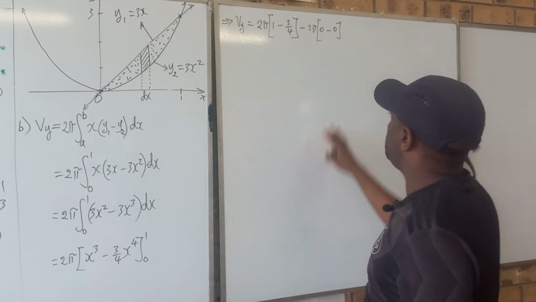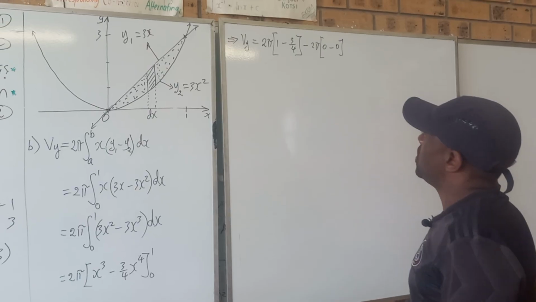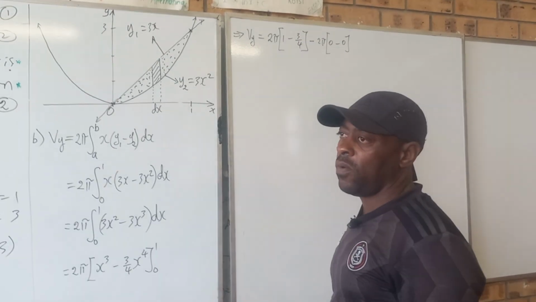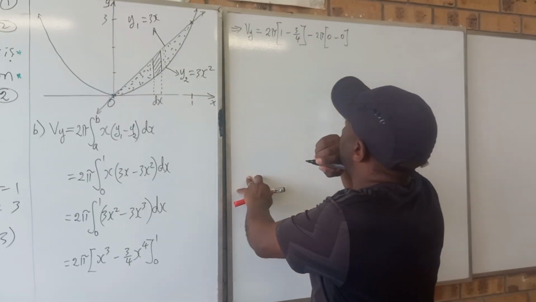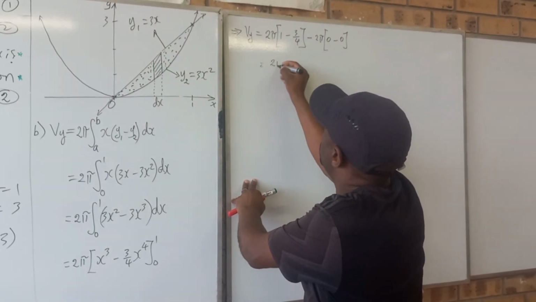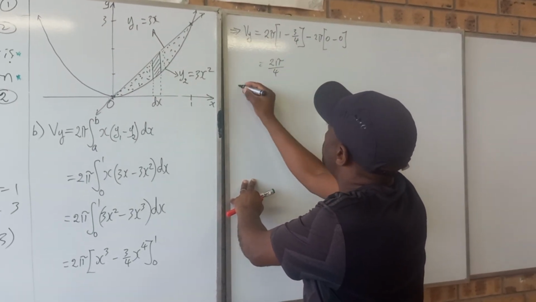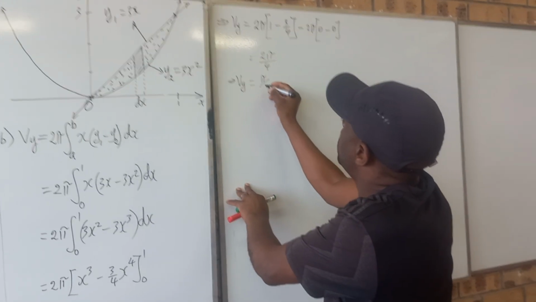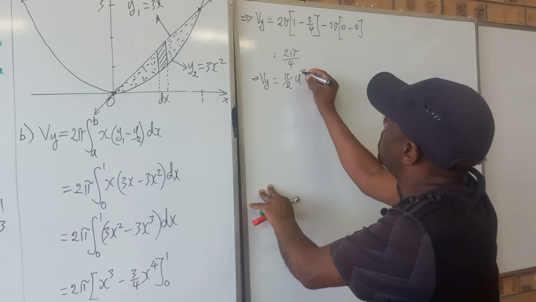So the lower limit gives me 0. The upper limit gives me 1 minus 3 over 4, that is 1 over 4. 1 over 4 times 2 pi gives me 2 pi over 4. Or better still, I can say my V is pi over 2 units cubed.